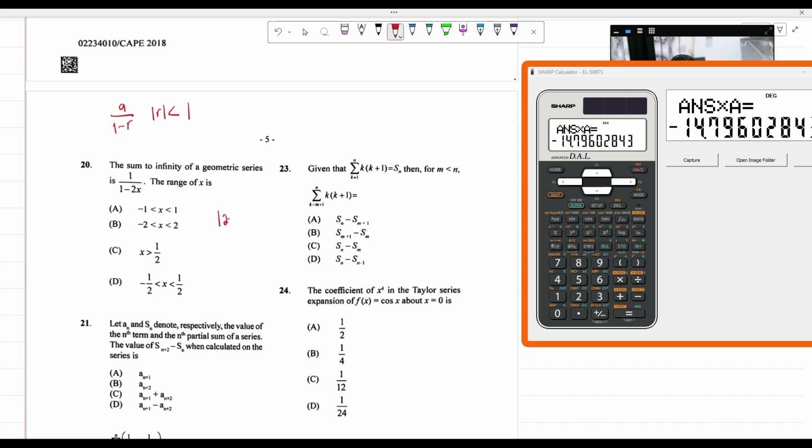The modulus of 2x needs to be less than 1, so minus 1 will be less than 2x, which is less than 1. Minus a half is less than x is less than a half.